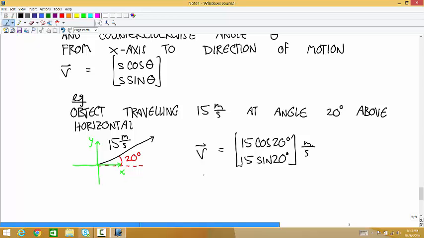And in other words, Vx is whatever 15 times the cosine of 20 is. And Vy is 15 times the sine of 20.